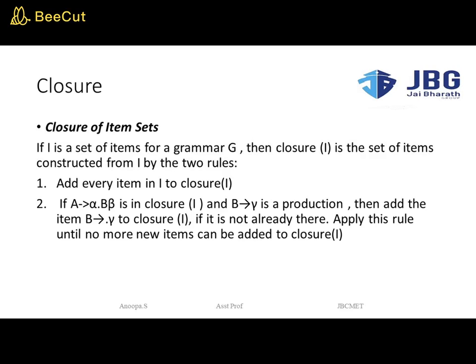When we go through an example you will understand this, so for now just keep it in mind. Such an automaton is called an LR(0) automaton. So what is an automaton?